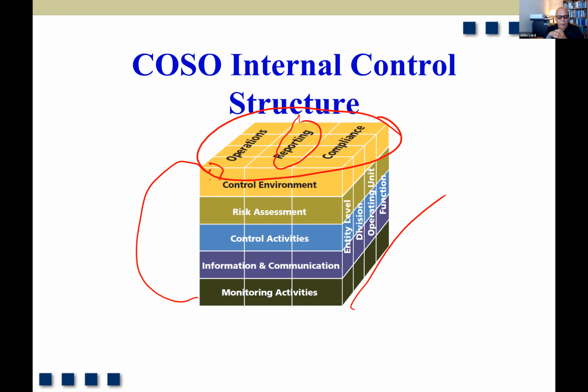That reporting from the internal auditors should come back to the board of directors, the control environment, and that process starts over again. What are the risks? How do we address it through the activities? How do we communicate the new controls now? And so on. So this could be a circle as well as a cube, but I think they want to do a cube. So you can see how it could have different objectives and cut across different levels of the company.